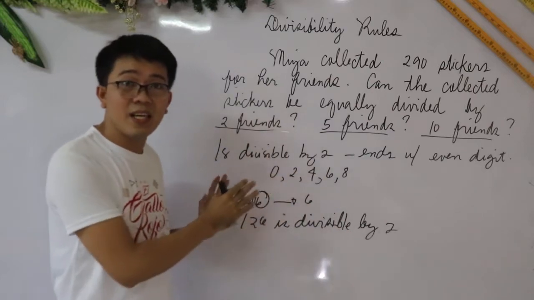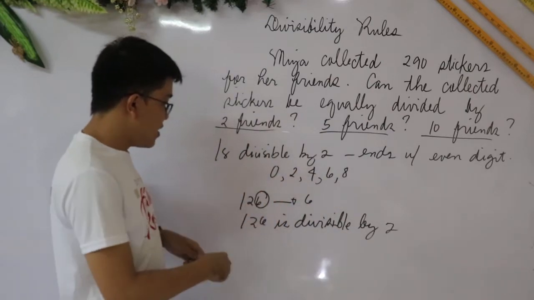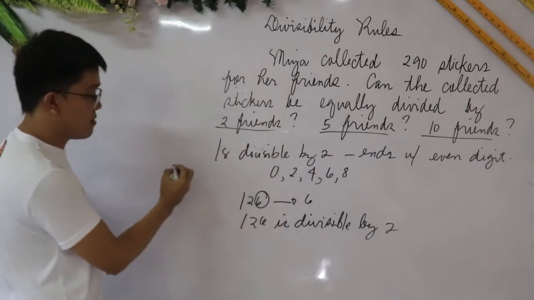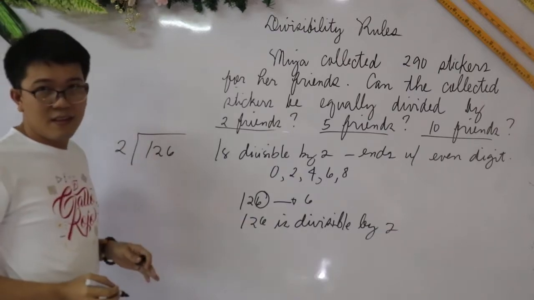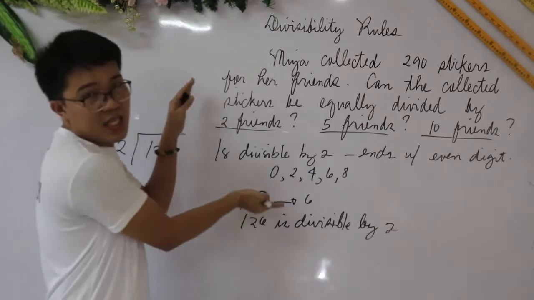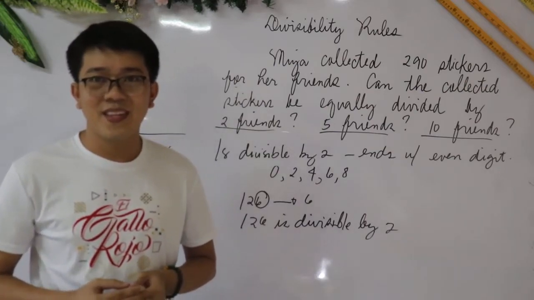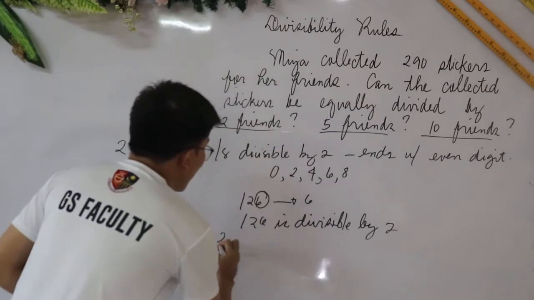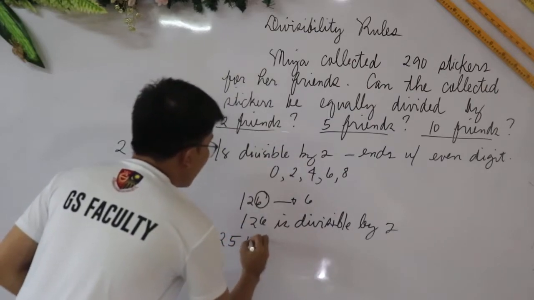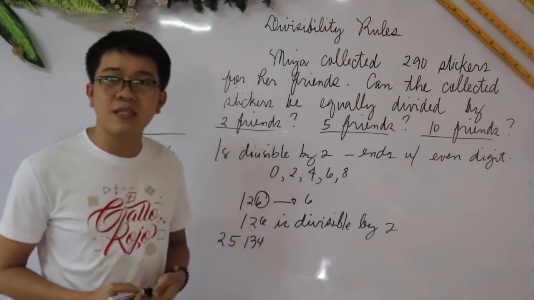Instead of doing the traditional way of dividing numbers, like 126 divided by 2, this divisibility rule helps us make it faster. How about 25,134? Do you think this big number is divisible by 2?